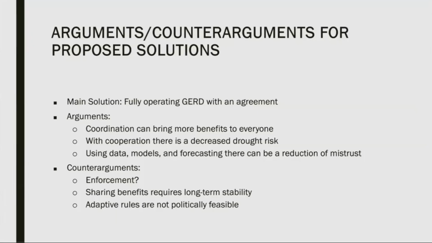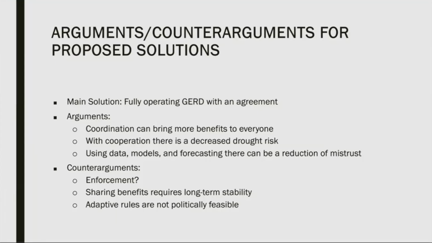And with coordination, there is a decreased drought risk if the allocations make sense for the year, whether it's dry or wet, it just makes everyone less sensitive to a drought. And with using data and models and forecasting, there can be more trust, rather than trusting that this country is going to do what's best for another country, when realistically everyone does what's best for themselves. And that ties into the counter arguments.